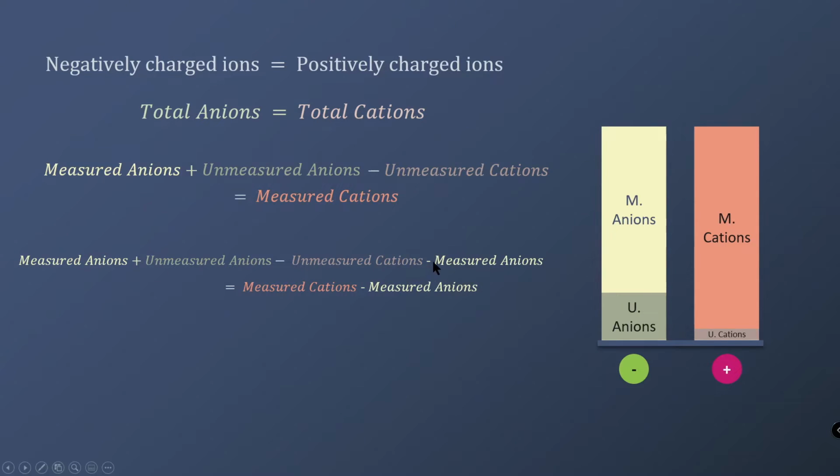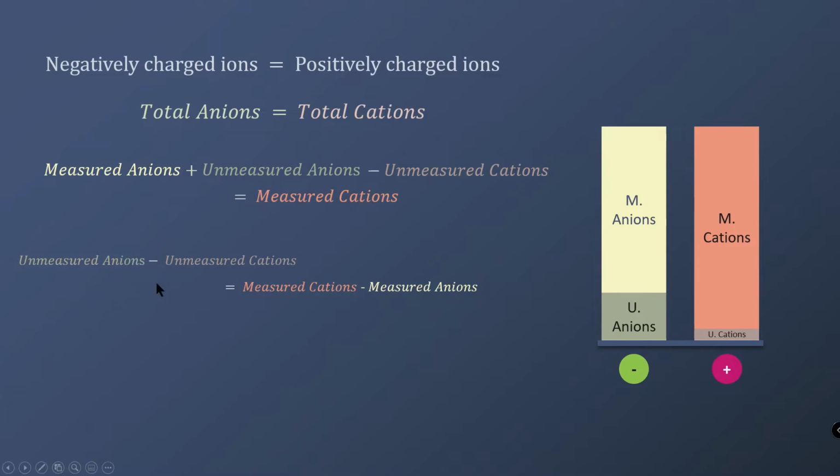While doing so, these measured anions will cancel each other due to the difference in arithmetic sign. It is positive and it is negative, right? So now our equation will become: unmeasured anions minus unmeasured cations, right? Clear up till now?